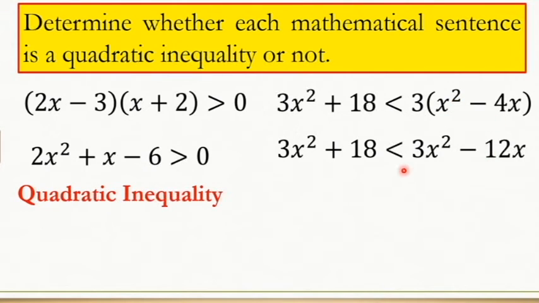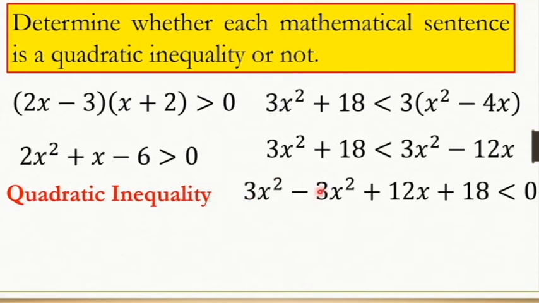So therefore, we can now transpose. Ipag nilipat natin to, 3x squared minus 3x squared, then lipat natin ng ating linear term, so ililipat natin sa left side, that will become plus 12x, and then plus 18 is less than 0.